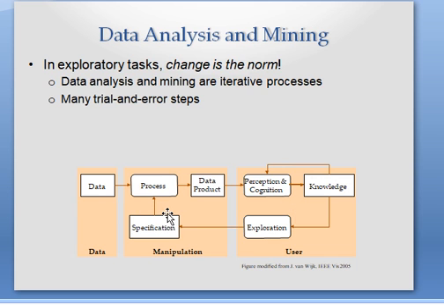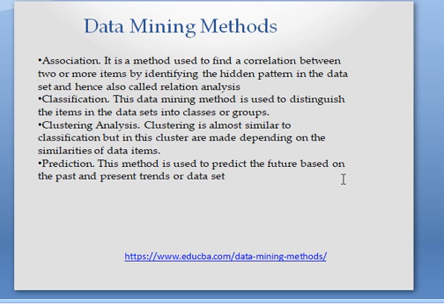So data mining comes not only from data, but also from the data scientist, and most of the time you also work with a domain expert who knows what we need to look at for this particular data set to look for information which is useful.